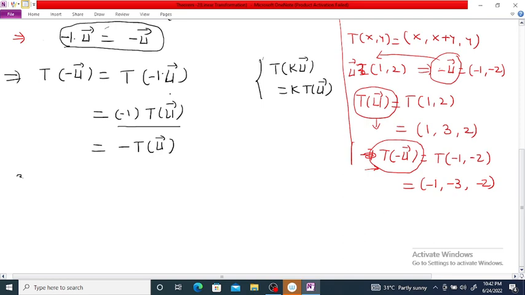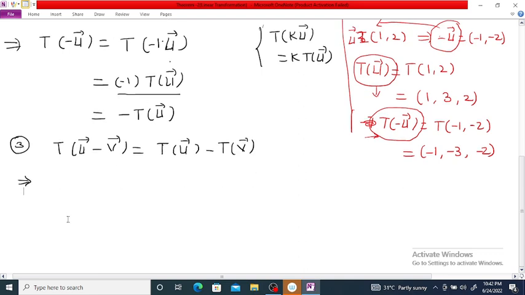Now the third property: T of u bar minus v bar is equal to T of u bar minus T of v bar. Again, we can write u bar minus v bar as u bar plus minus 1 into v bar.